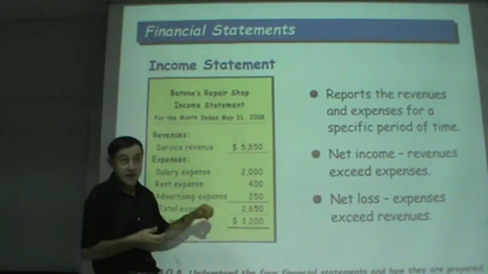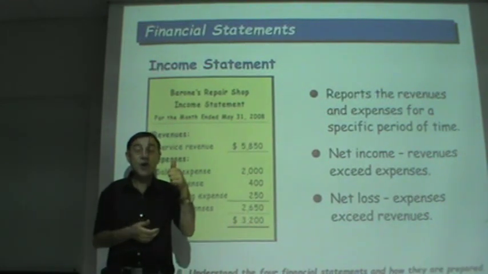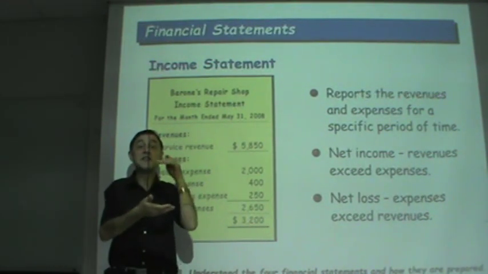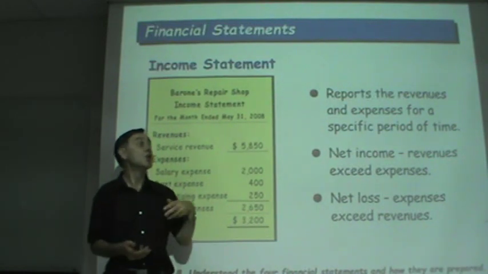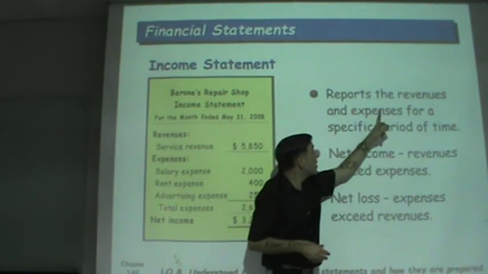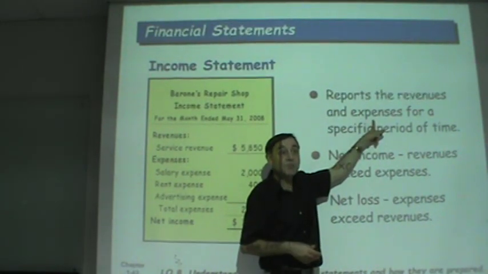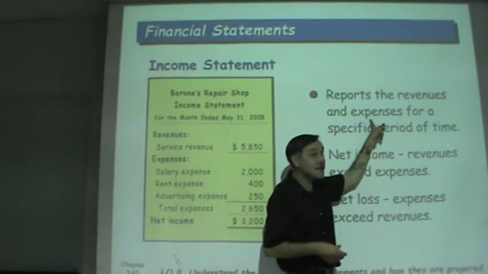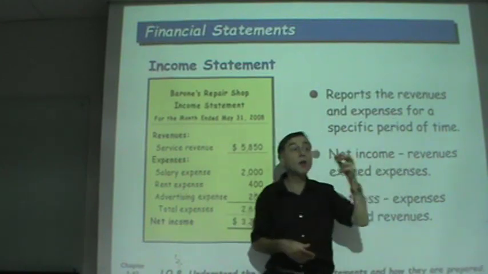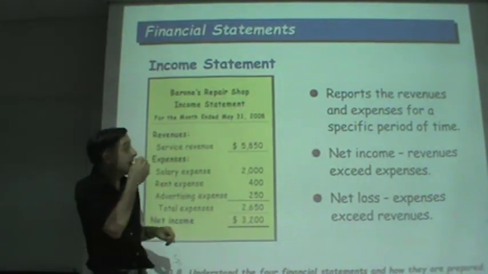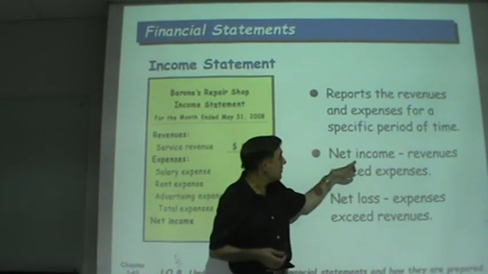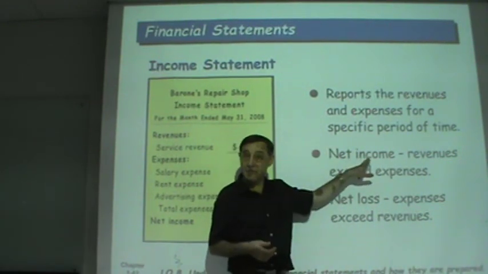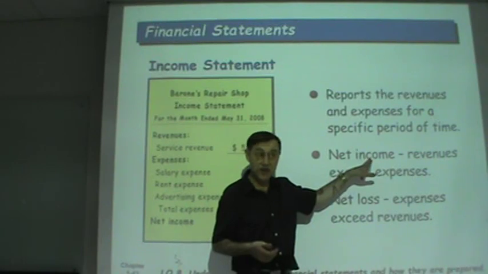If it's a positive number, we call it profit. If it's a negative number, we call it loss. So, when revenue is greater than expense, profit. If it's expense more than revenue, we call it loss. Net income is the same as profit, okay?